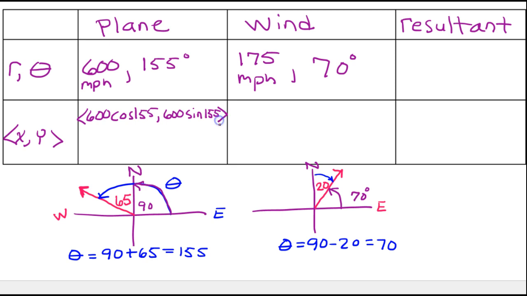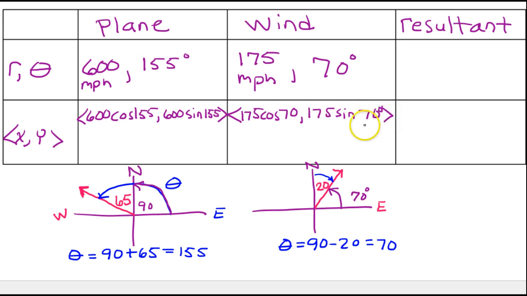All right, just barely fits in there. And then for the wind speed, it's going to be 175 cosine 70 degrees, and then 175 sine 70 degrees.